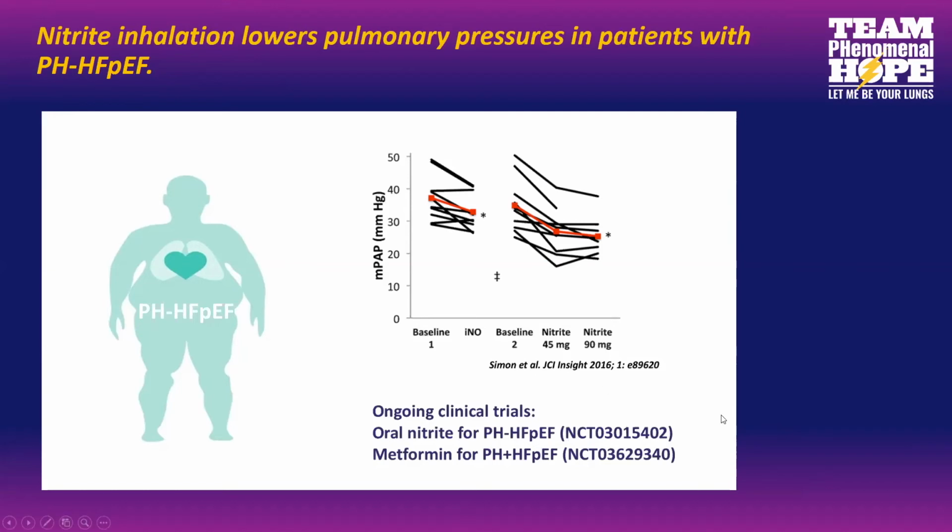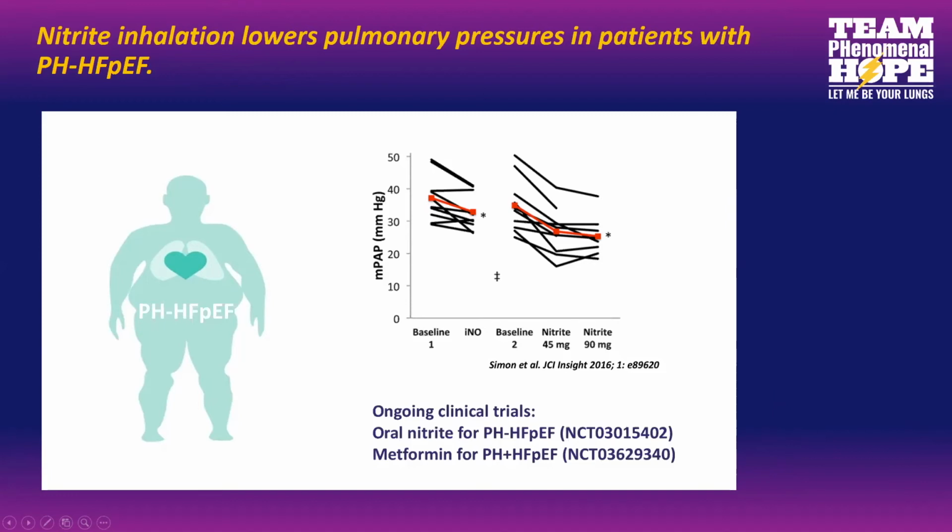And from the presentation, we can also learn that the oral nitrite treatment decreased mean PA pressure in PH-HFpEF patients, which is very similar to the nitrite inhalation data. And a metformin trial in PH-HFpEF is also going on, and both of the trials are being held at the University of Pittsburgh at this point.